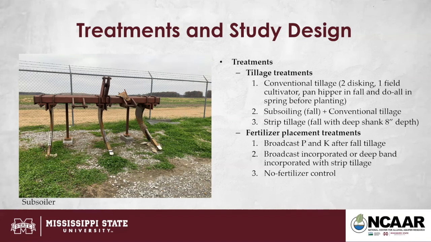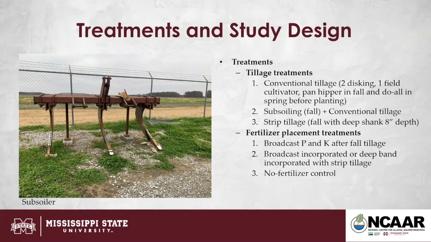Then we had subsoiling, where we did subsoiling in fall and then conventional till as described in treatment one, and then finally we had a strip till treatment. With the strip till, we did strip till in fall with the shank that went to 8 inches depth.